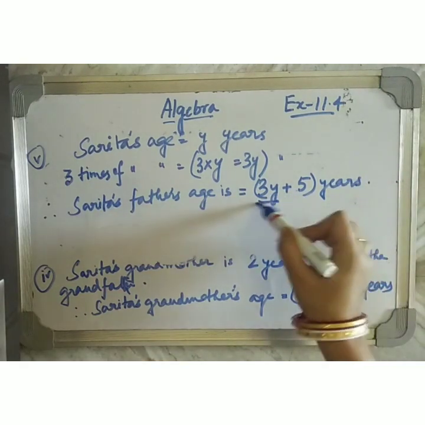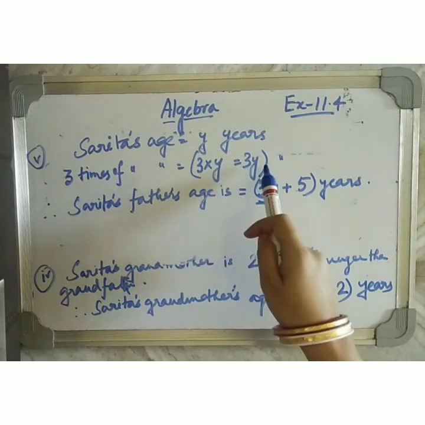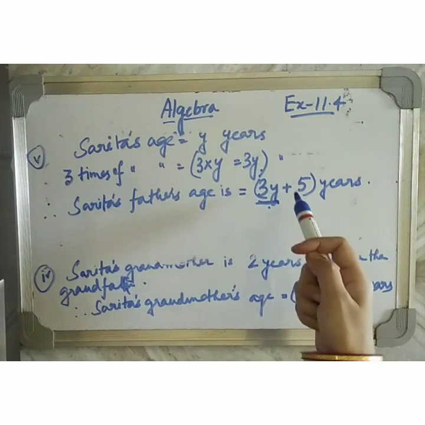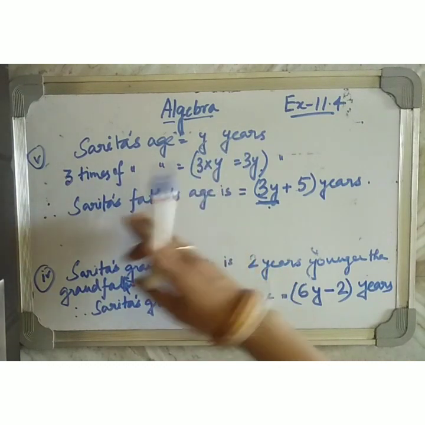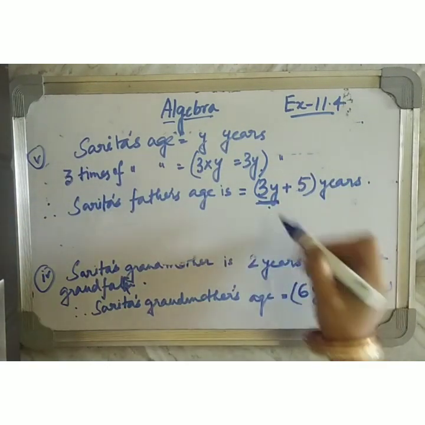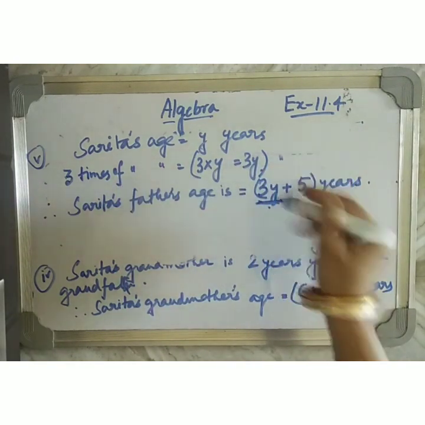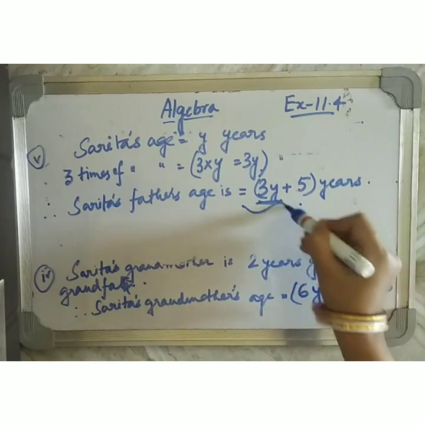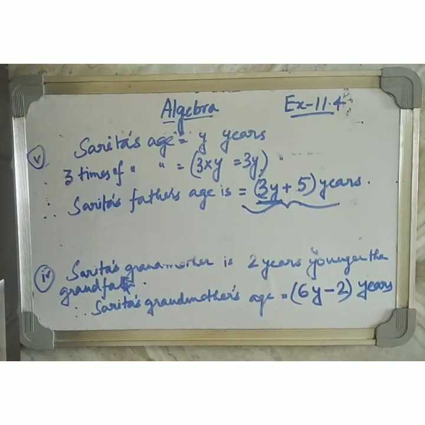Sarita's age is y years, 3 times of it is 3y years. And Sarita's father is 5 years more than 3 times of her age. So 3y was 3 times of Sarita's age, and 5 years more than this is Sarita's father's age, that is 3y plus 5 years. Now let's come to the next sum.